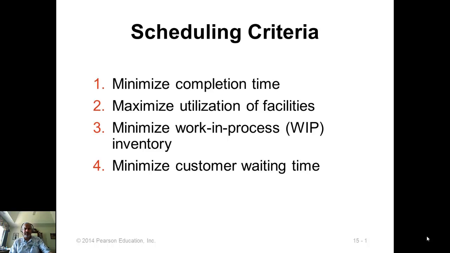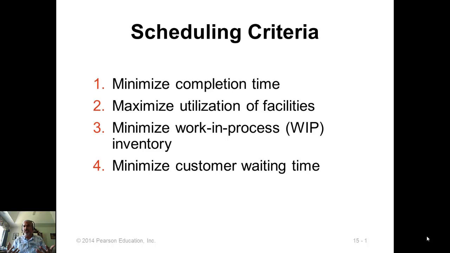The last one, minimize customer wait time, is about meeting the customer delivery promises. And the first three, 1, 2, and 3, are related to keeping the inventories low. Minimizing completion time: if you complete the jobs early, then you are able to get them out of the production facility, so that results in reduced inventories.